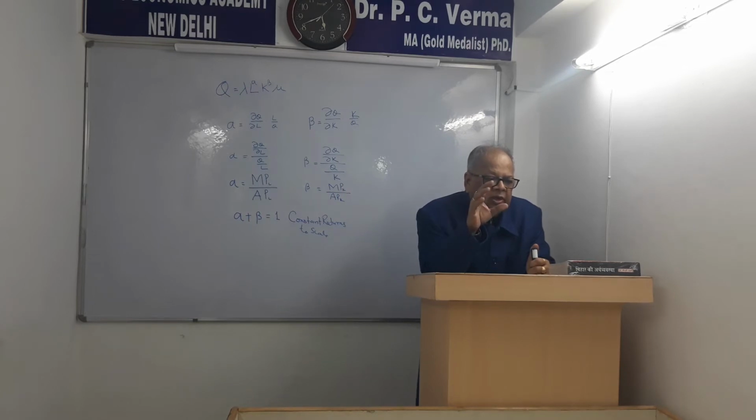Write it down. What is the difference between long run production function and short run production function? First write short run production function. Under short run production function, labor is variable and capital is constant.